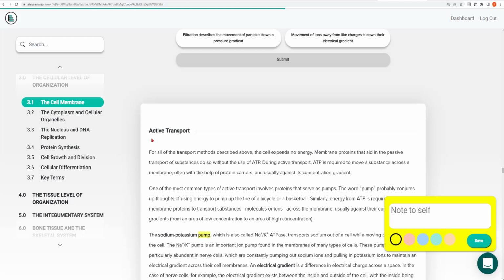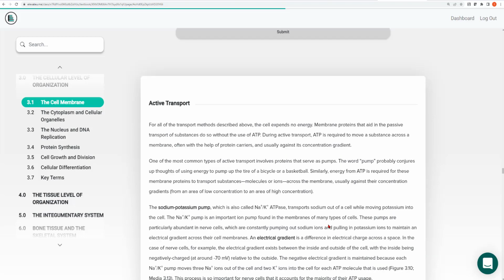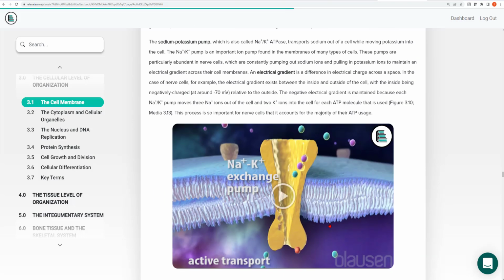So for an active transport mechanism, I'm just going to show you an example of this. We're not going to really understand what this particular molecule does this semester. This will be something that you'll learn a lot about in physiology. But what we see here is that there are just a few molecules out here, inside the cell.